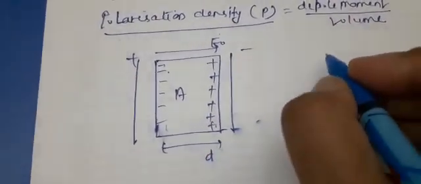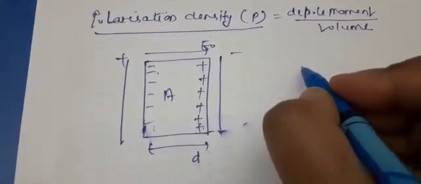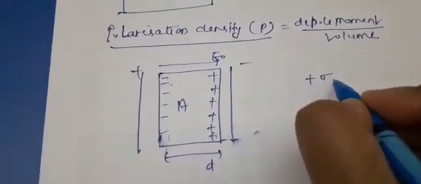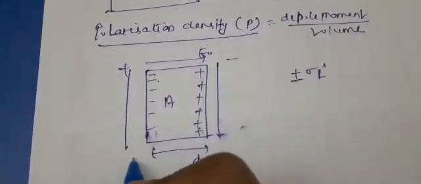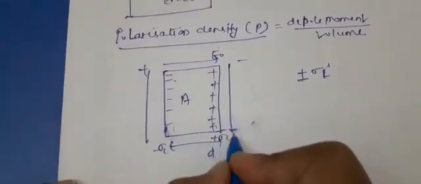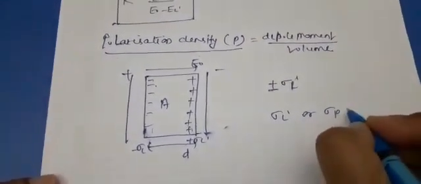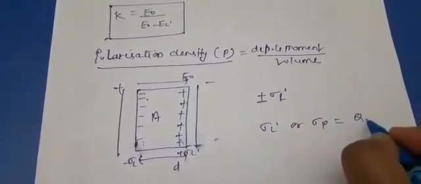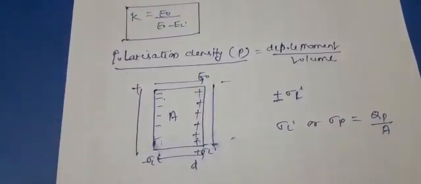This dielectric slab acquires surface charge density plus sigma_i and minus sigma_i, that is, one face has minus sigma_i and the other has plus sigma_i. Sigma_i or sigma_P, any symbol you can use, is equal to Q_P, the polarized charge, divided by area, charge per unit area.